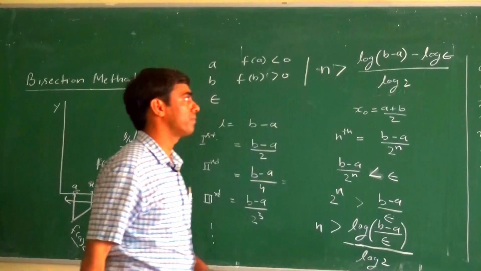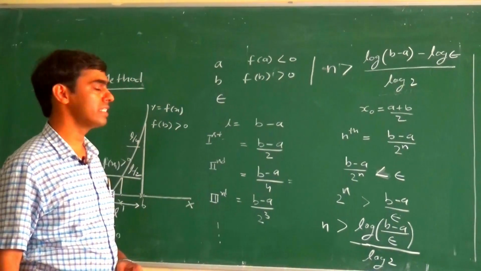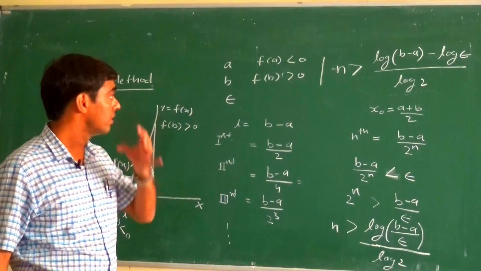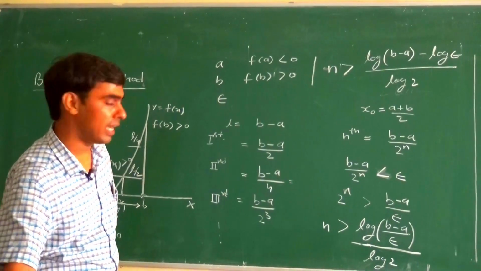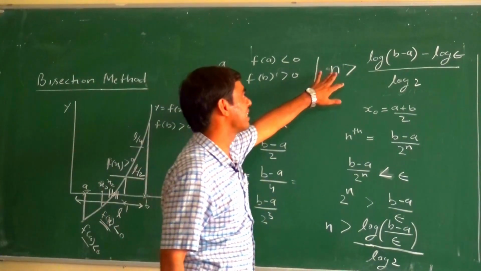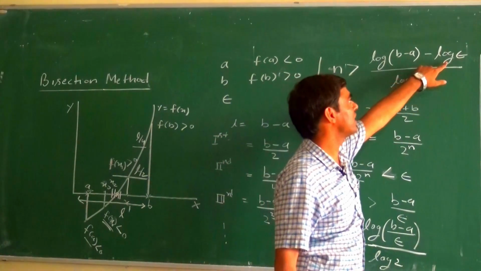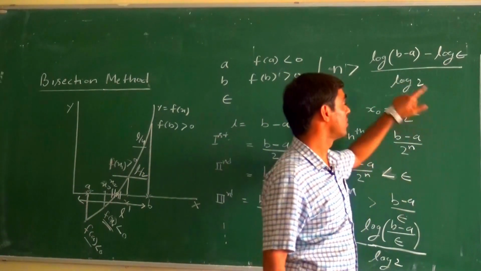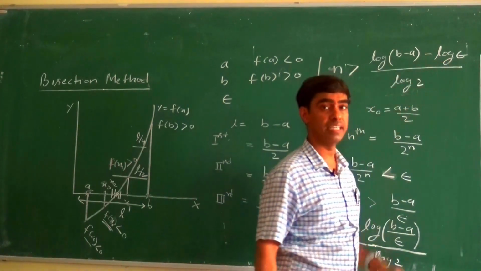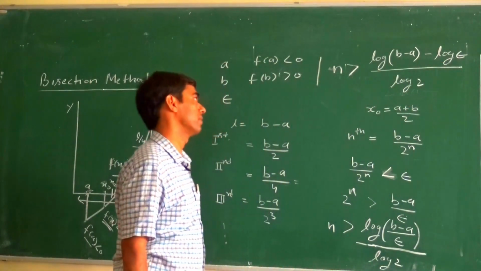So if we have the values of a, b and EPS, then we are able to decide the value of n, meaning the number of iterations required to find the desired root correct up to the desired level of accuracy.